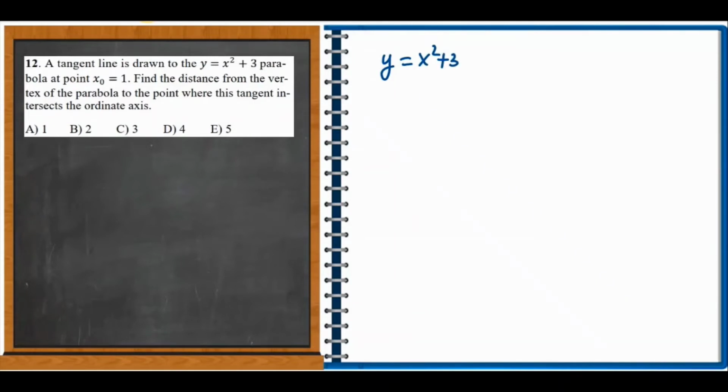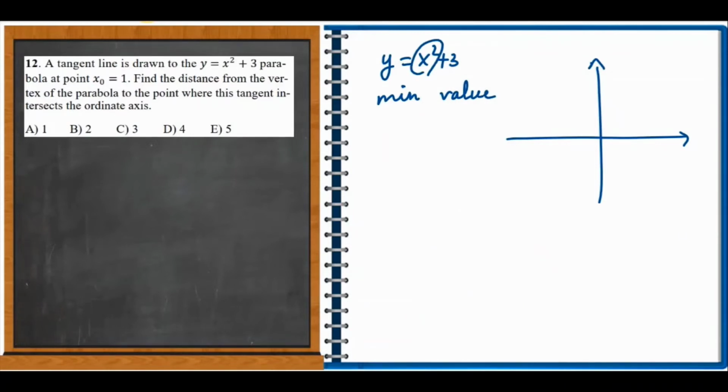It has minimum value, the vertex, y coordinate of the vertex is going to be minimum value. And how to find minimum value of the function? We can plug 0 instead of x, because the minimum value of the square function is 0. Therefore, we will write y equals 0 plus 3, which is 3.